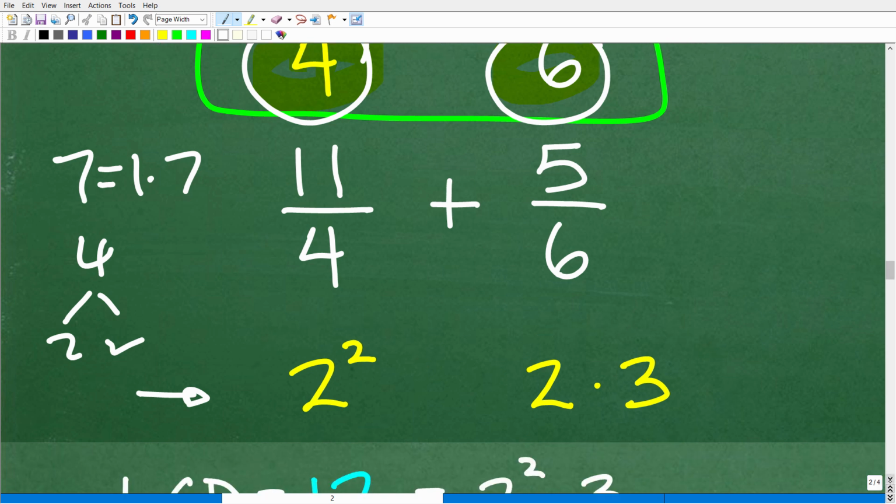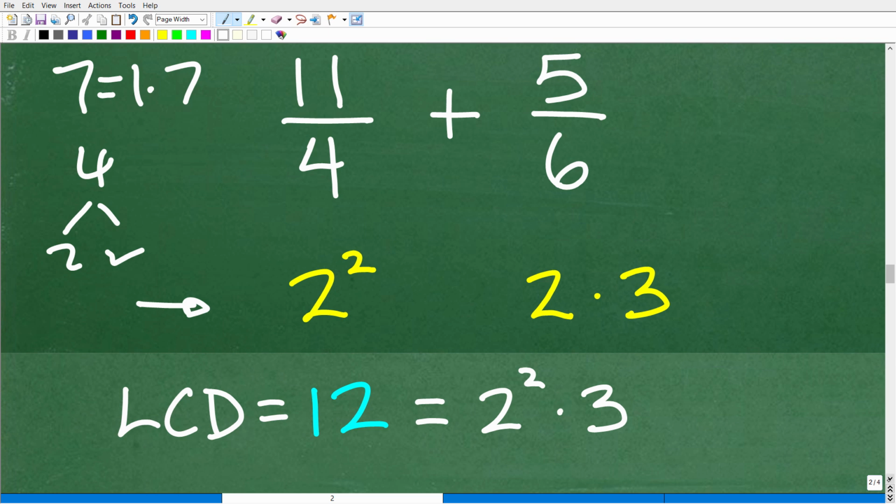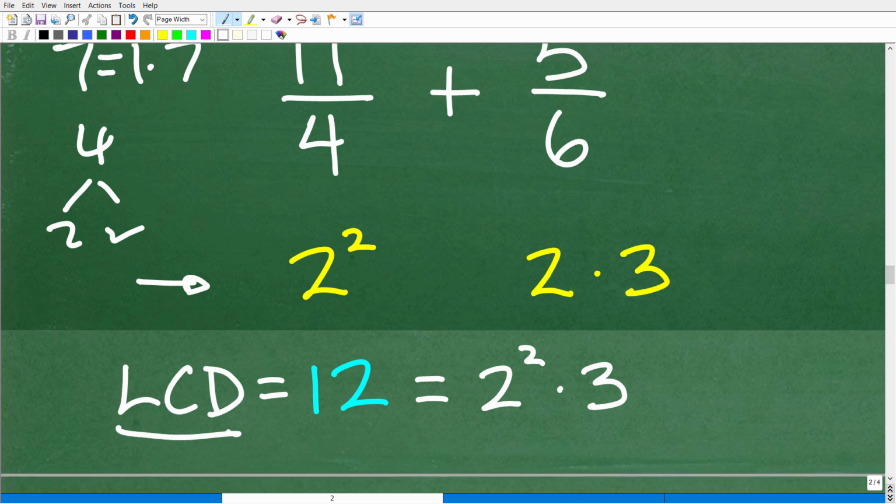So the LCD is equal to the product of the prime factors. Okay, so here we have 2 squared, and here we have 2. You might be saying, which factors of 2 should we use? Do we need 2 squared and 2 to the first?